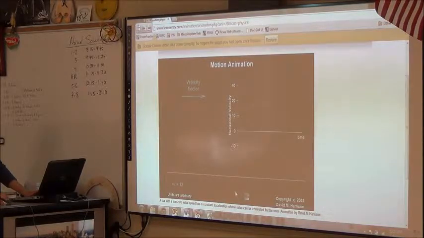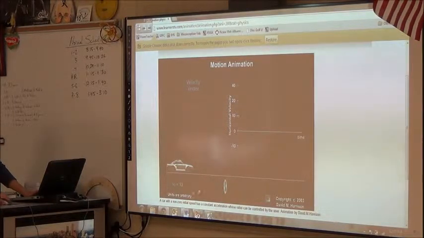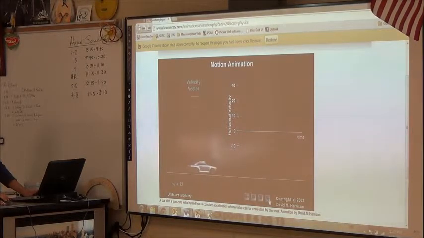Okay, and I guess the car's gone. Negative acceleration, but it's still set at an initial velocity of 12. What would the graph look like? It would be slowing down. And if given enough time, this was our if-given-enough-time scenario, it would reverse direction.